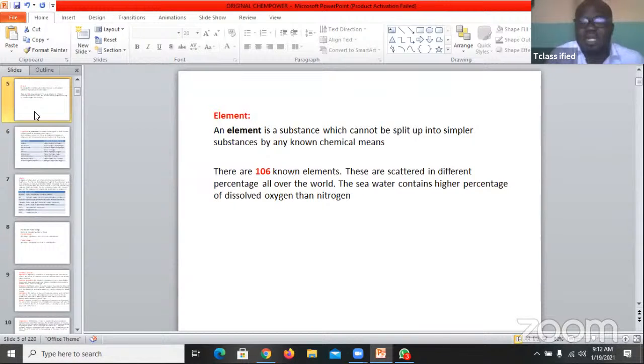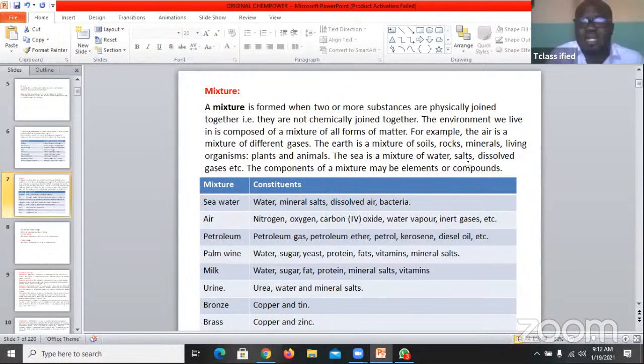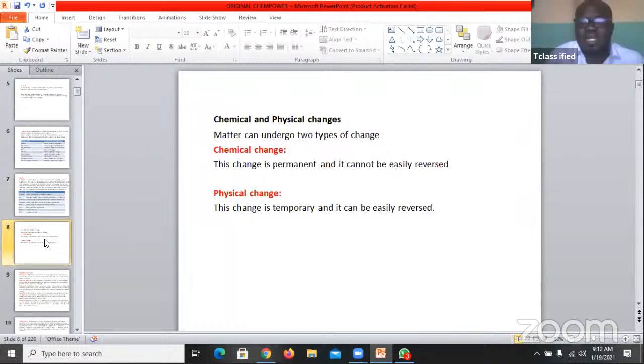So if you bring elements together chemically, then you have a compound. But if you get elements together or other compounds together physically, then you get what we call a mixture. So you have to understand the difference between an element, a compound, or a mixture.